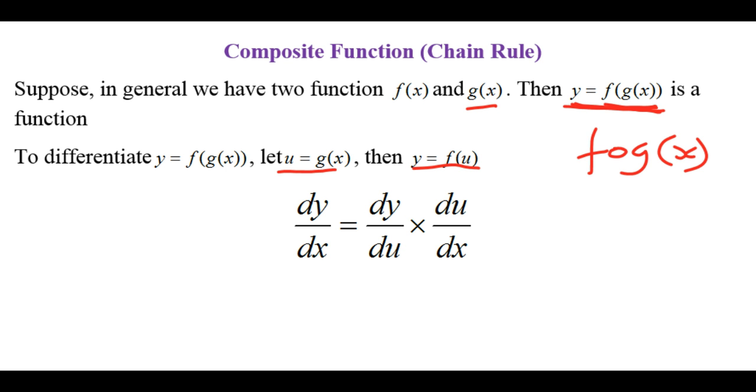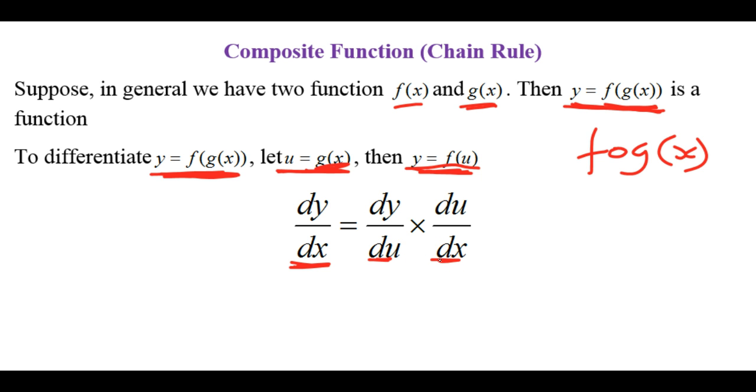Now, if f of x and g of x are both differentiable, and we let u be equal to g of x, then I can differentiate u with respect to x, and I can differentiate y with respect to u. In that case, the general form of differentiating y with respect to x will be dy/dx equals dy/du times du/dx.